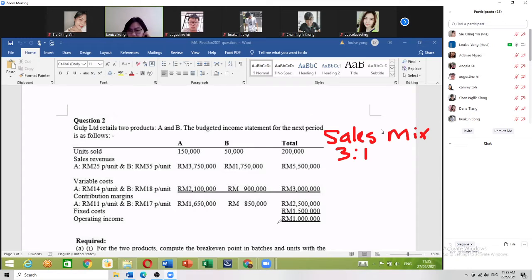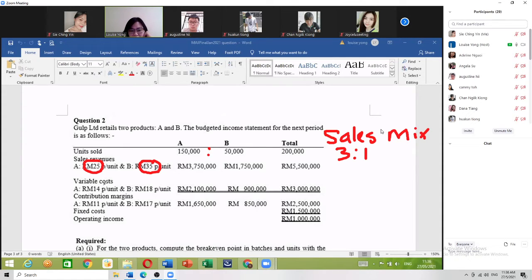从这里啊，找你的 sales mix 啦。Sales revenue means this is your selling price for A, selling price for B. Next will be your variable cost.